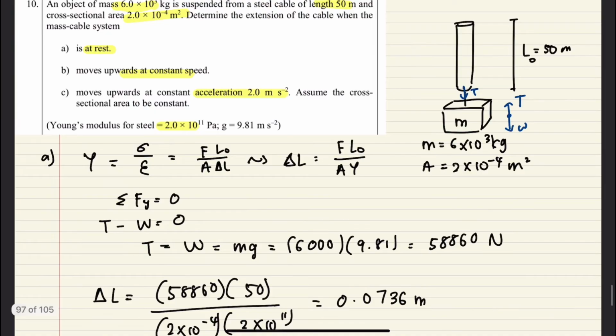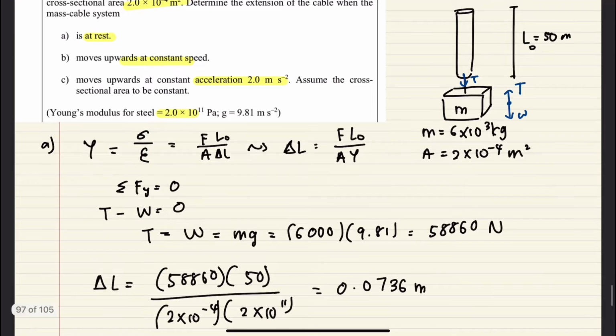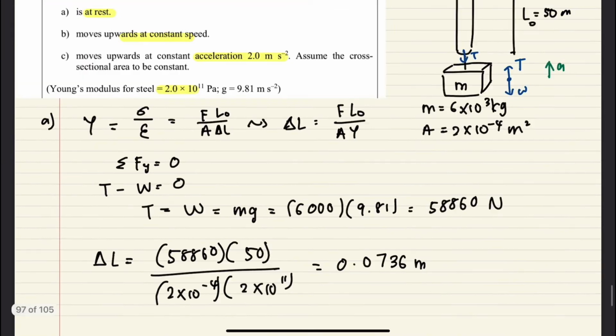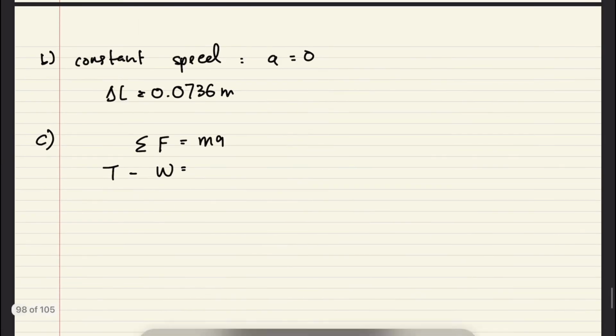And then the last question here says what happens when the system moves outwards at constant acceleration. So now, what happens if you have a in that direction? The difference would be that the summation of F is now equal to ma. So tension minus weight is equal to ma. So tension is equal to ma plus mg.